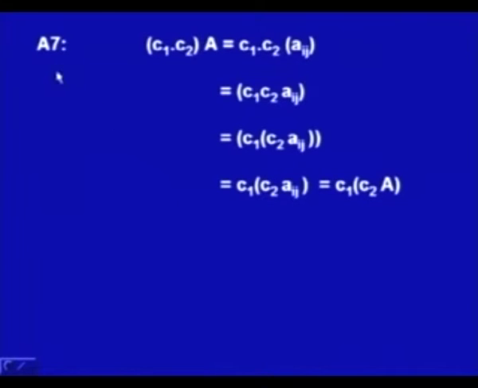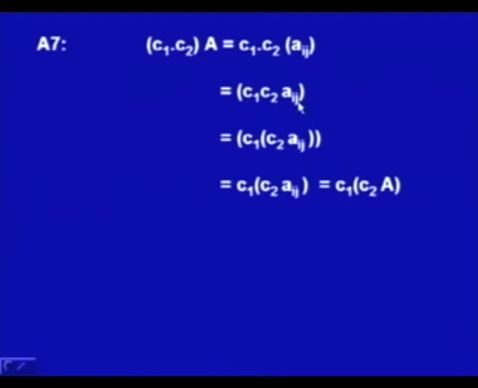The next property is the associative property of scalar multiplication. Let us see c1 and c2, two scalars, multiplied by A. So, it is c1 c2 multiplied by a typical element of the matrix. I am not writing m by n here again and again, but this simply means the Aijth element of the m by n matrix.